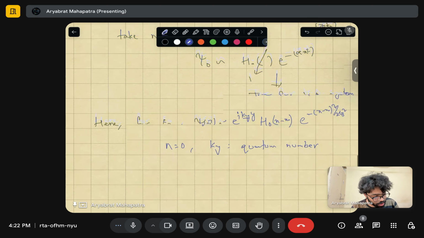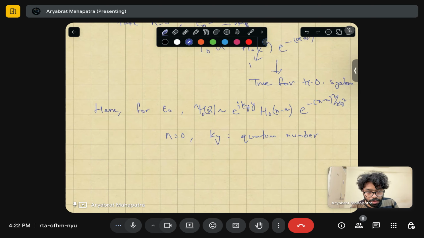So you can see your ground state is infinitely degenerate, because ky can have any possible value. So many values are possible.